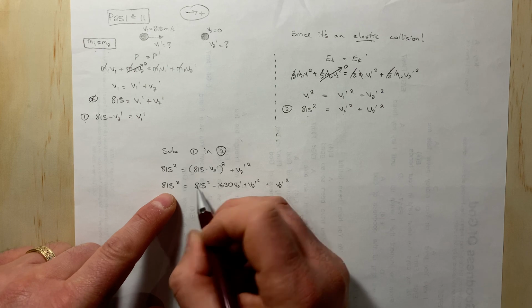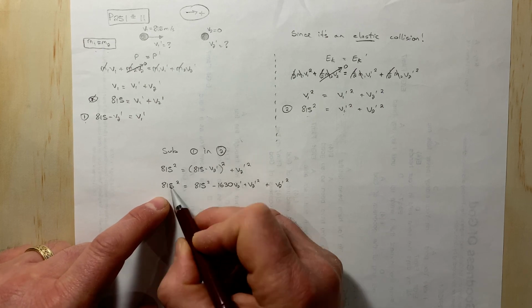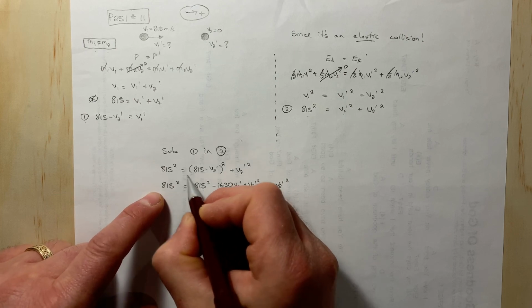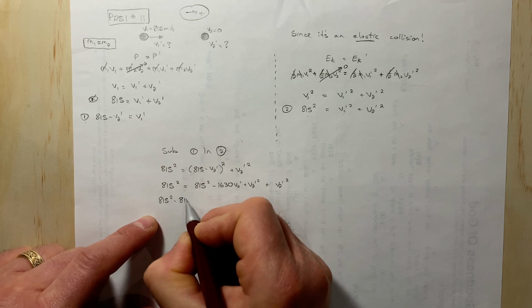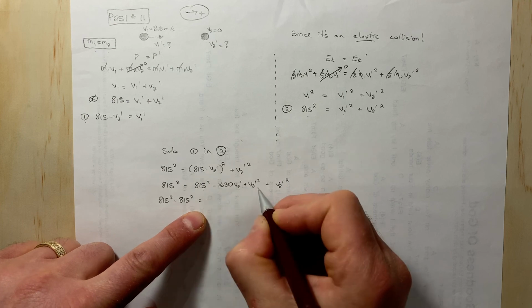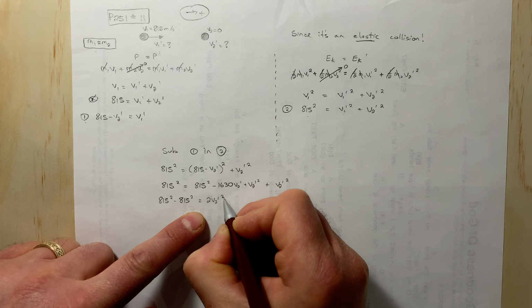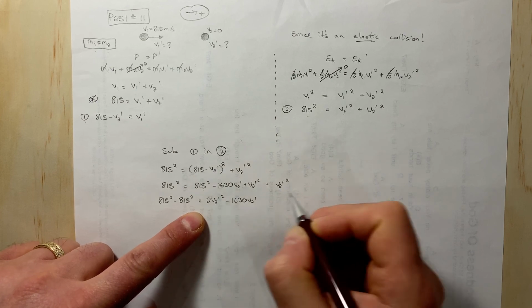Either way, I could bring this over here, and those guys are going to cancel. I'm going to bring this guy over here, 815 squared minus 815 squared. On this side, I've got 2 v2 prime squared and minus 1630 v2 prime.